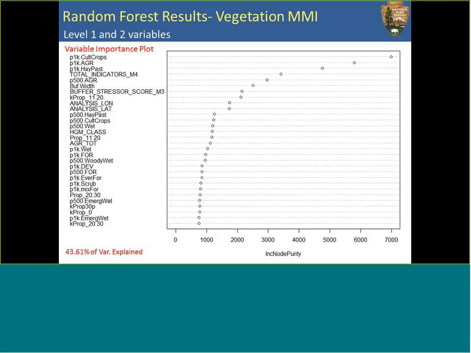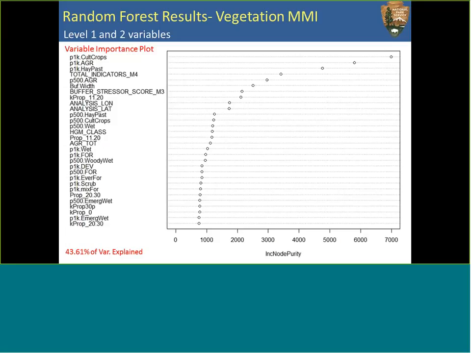So this is the kind of output you get from random forest, specifically for when I was using the land use and rapid assessment metrics to predict the vegetation MMI. So this is part one. This is a variable importance plot that shows which variables were most important in predicting the vegetation MMI. You'll see that, for example, P1K is percent of the buffer within 1 kilometer, and P500 is percent of the buffer within 500 meters of that land use.